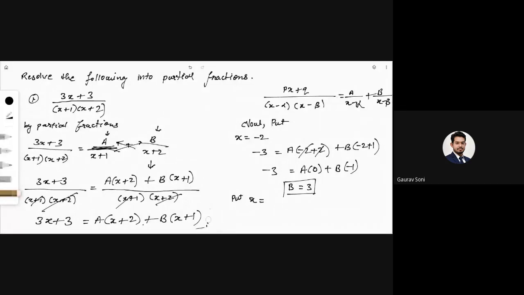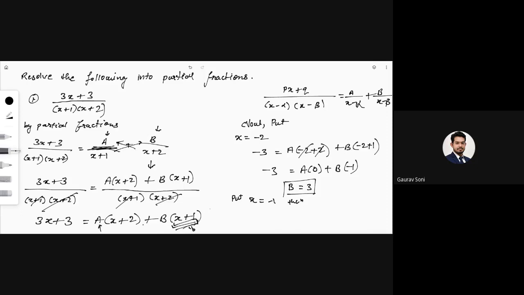So if I put x equal to -1, then what will happen? I can see that -1 plus 1, this term, will become 0. I am underlining this term. If this term becomes 0, b will be eliminated from the equation and I will get the value of a. Am I right, Ananya?